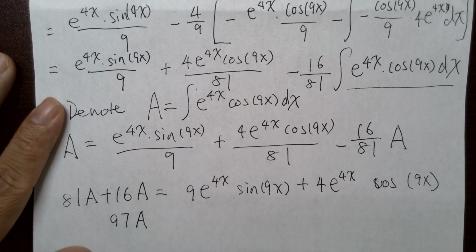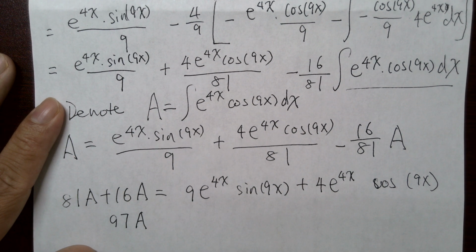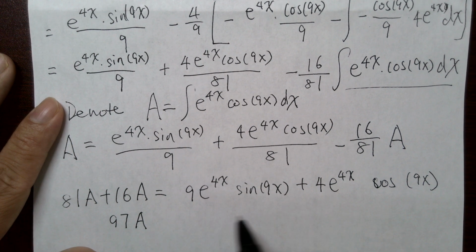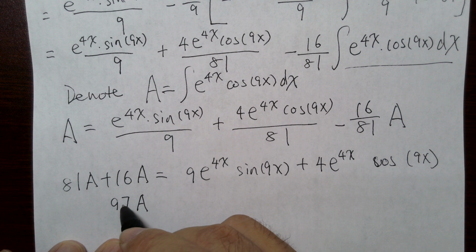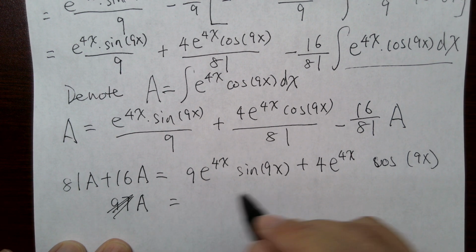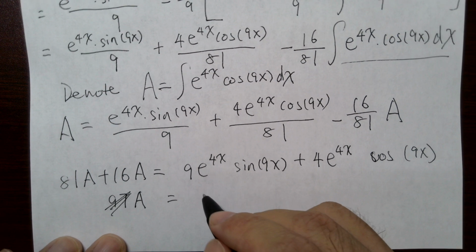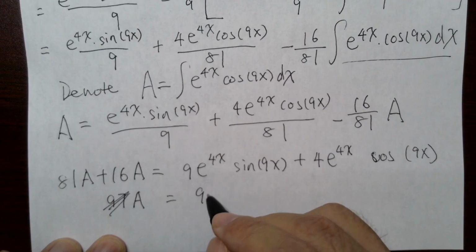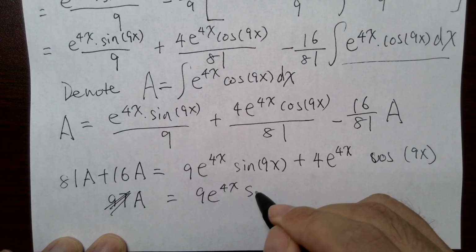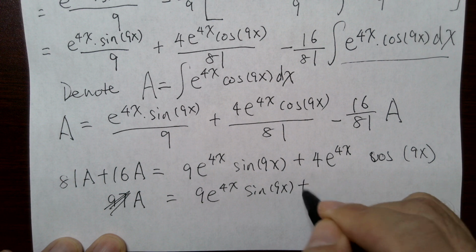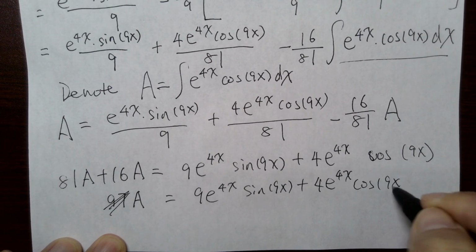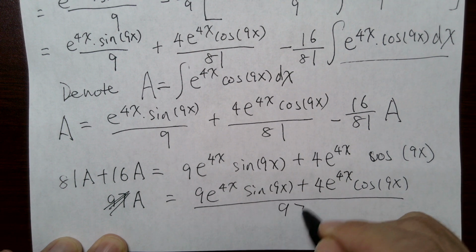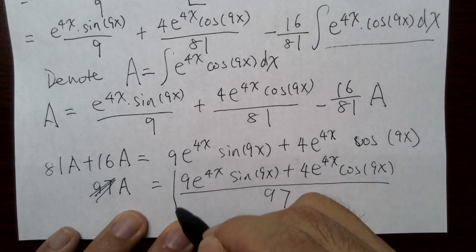So basically you can solve A equals this big part, cosine 9x over 97.